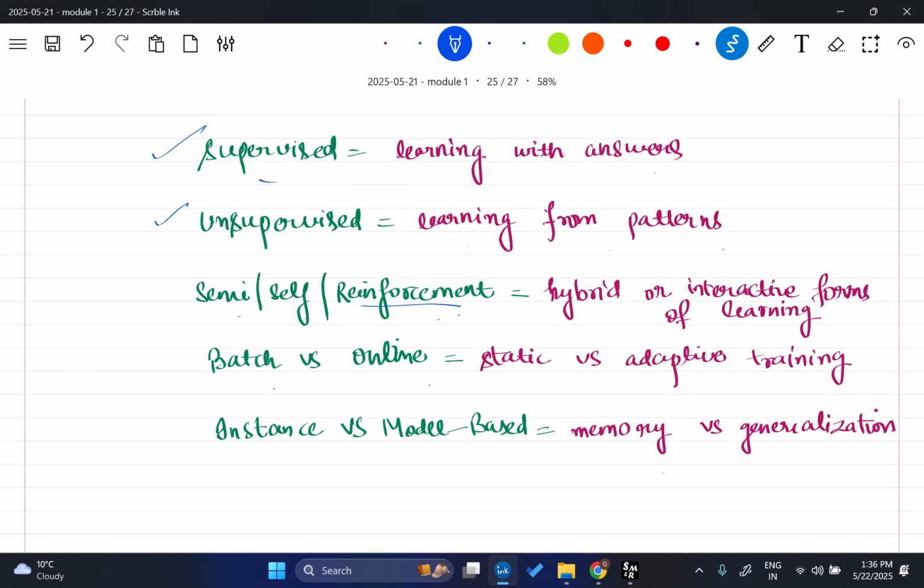Batch learning is kind of static, and online learning is adaptive learning. Instance learning is memory based, where you memorize the past examples, and model based learning is where we try to generalize based on the patterns found in the data. I hope I have made all these terms clear.